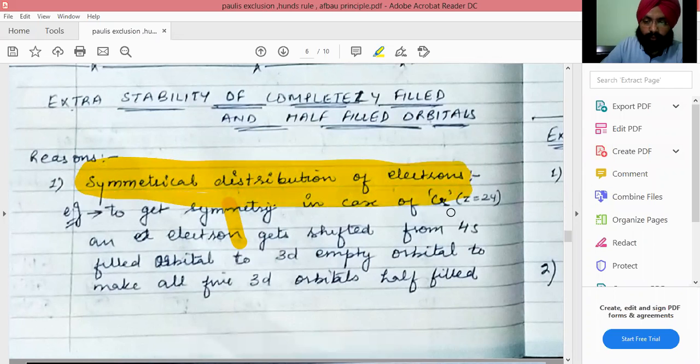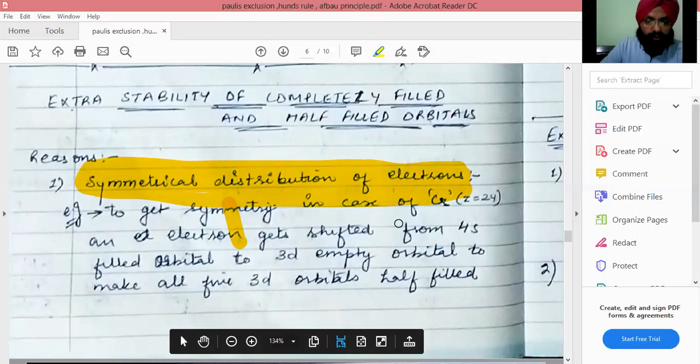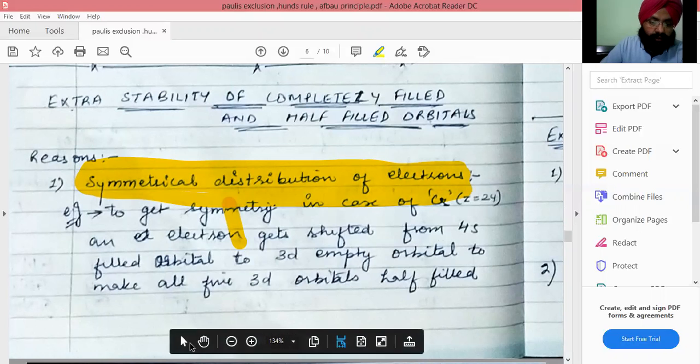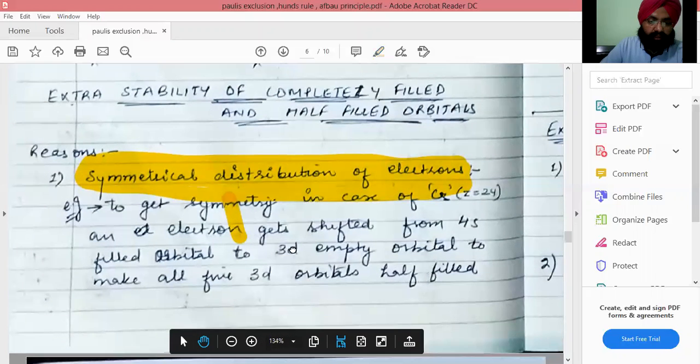One is chromium and the other one is copper. When you look in your books, you will find that the electronic configurations of chromium and copper are slightly different from the rules discussed in the previous class.